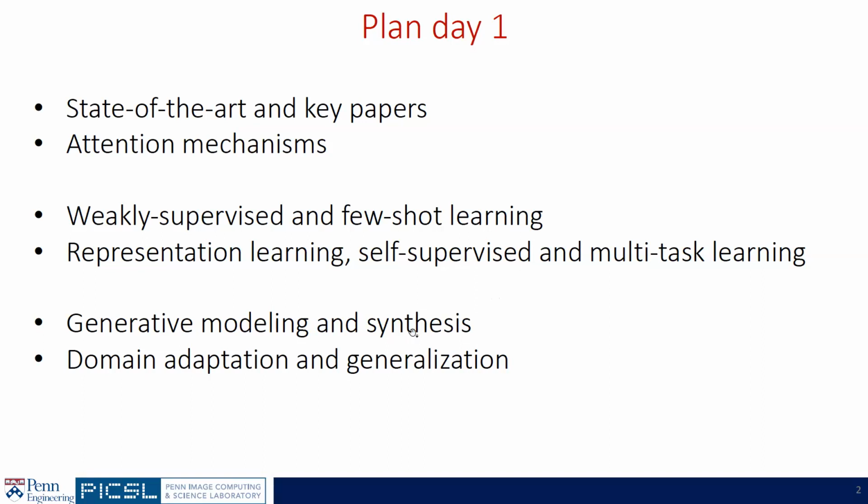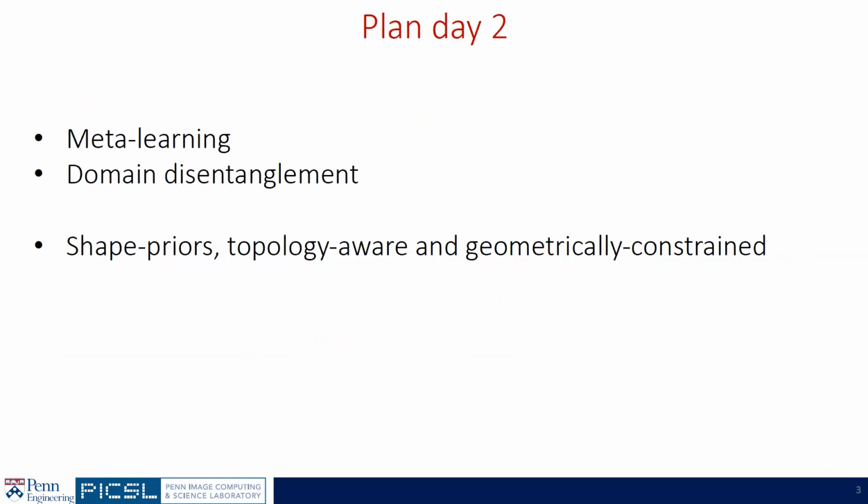Paul will go into much more detail about GANs, so I'll talk about how GANs are used in something called domain adaptation and generalization. That should pretty much take one full hour. And then finally, I'll start talking about shape priors and how you can impose topology constraints and make the network architectures have some sense of the geometry of your anatomy. So that's the plan for today.